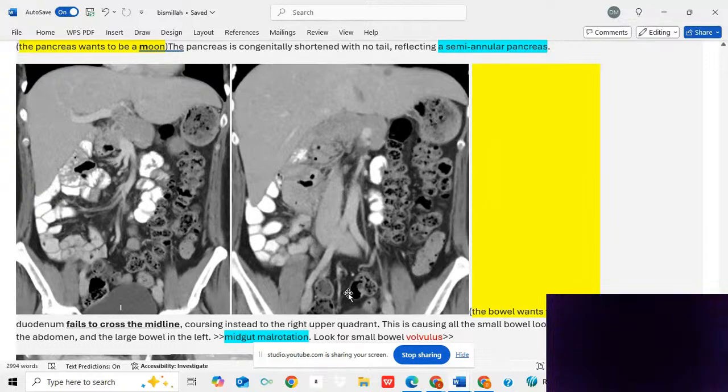This has resulted in all the small bowel loops being located in the right side of the abdomen, and all the large bowel loops in the left side of the abdomen.